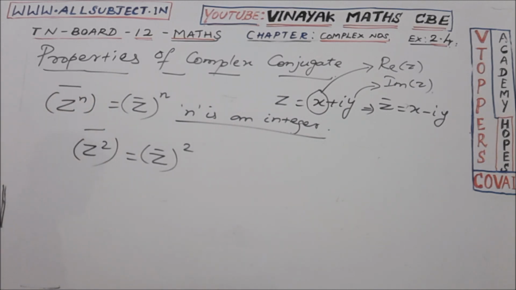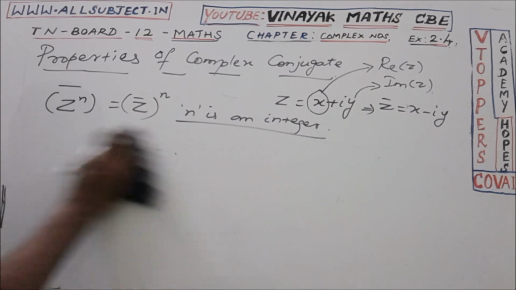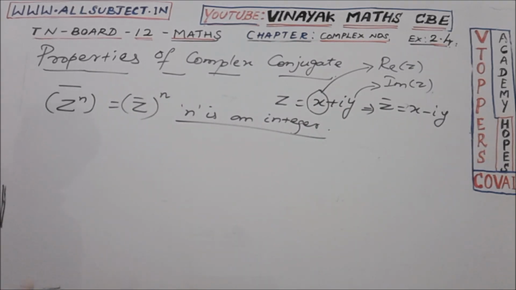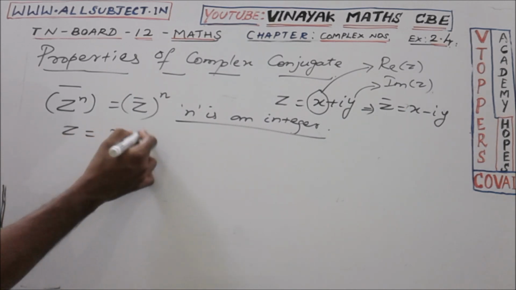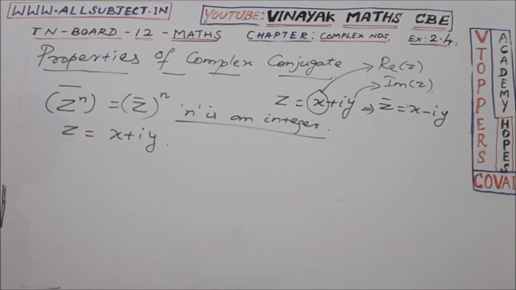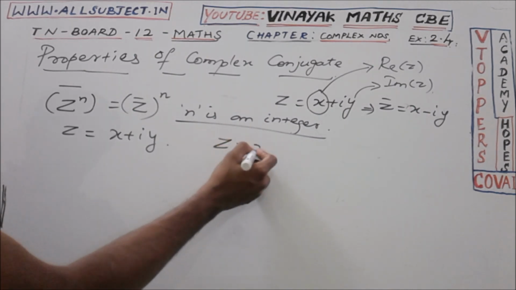And the next property: let Z equal to x plus iy. Now if Z is real, that means Z has only real part.